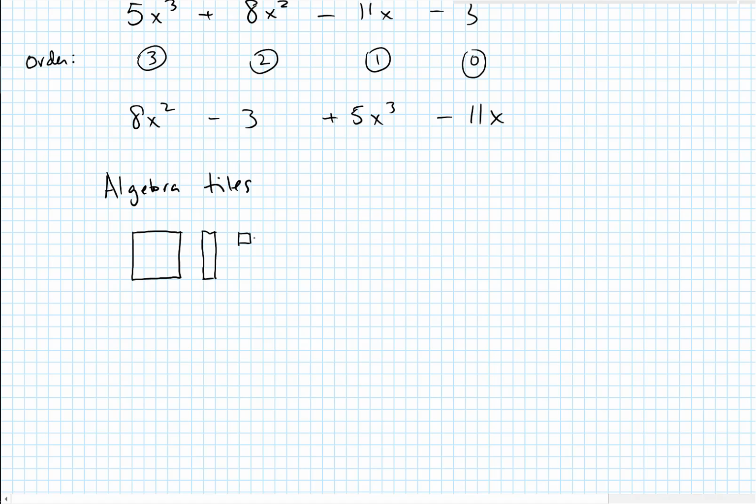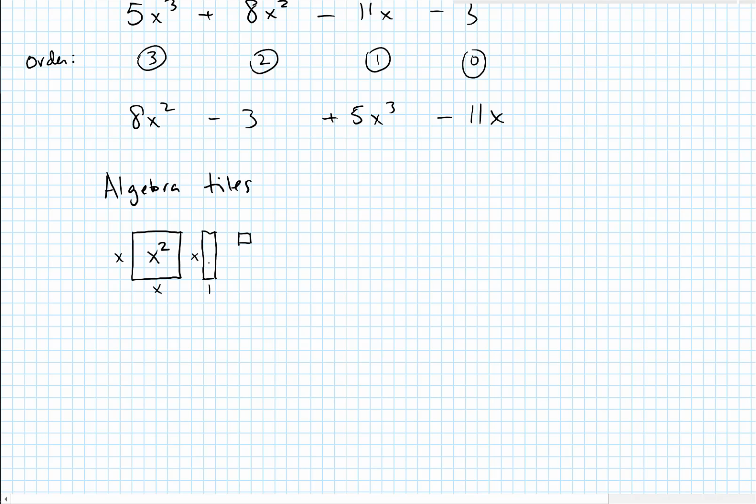So the big square is meant to represent x squared, and you can think of it as having dimensions of x by x. The rectangle has exactly the same length as the x squared tile, so it also has a length of x, but it's a much narrower width, which we assign a value of 1 to.